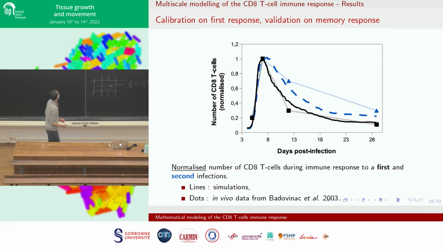So what you can see here is the total number of cells normalized by the number of cells at day 7. So the full line is for the simulations and the squares are for the in vivo data. In black is the first immune response, so naive cells are activated, then expand, contract, etc. And the blue lines are for the secondary immune response, so we took the memory cells generated at the end of the immune response and activated them again with the antigen.